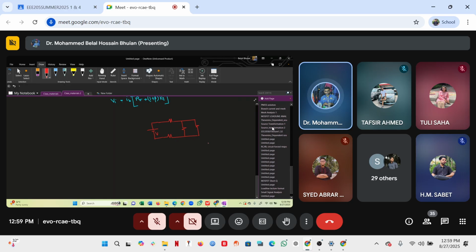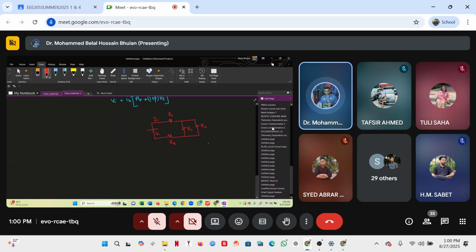This is the voltage VI, and I need to determine the current II. This is our R1, R2, R3, R4.